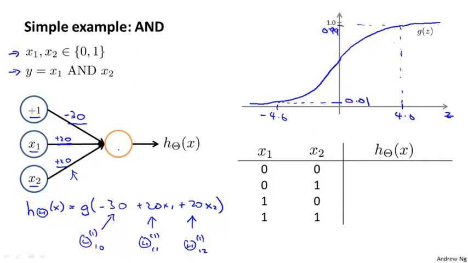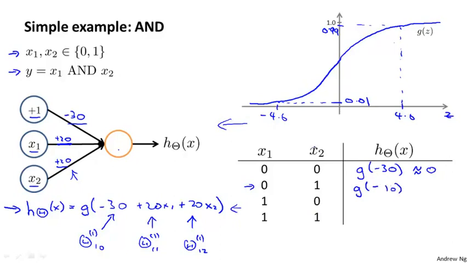Let's look at the four possible input values for x1 and x2 and look at what our hypothesis will output in that case. If x1 and x2 are both equal to 0, then the hypothesis will output g of -30. So it's going to be very far to the left of this diagram, so it'll be very close to 0. If x1 equals 0 and x2 equals 1, then this formula evaluates to g, that is the sigmoid function applied to minus 10.